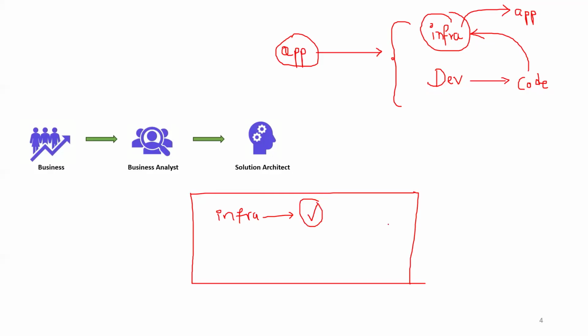All the infrastructure details such as the specification type, the count of servers, front-end web servers, back-end databases, load balancers, firewalls, he is going to mention. And he will also mention what programming language the developers have to use, what frameworks they have to use, what libraries they have to use.